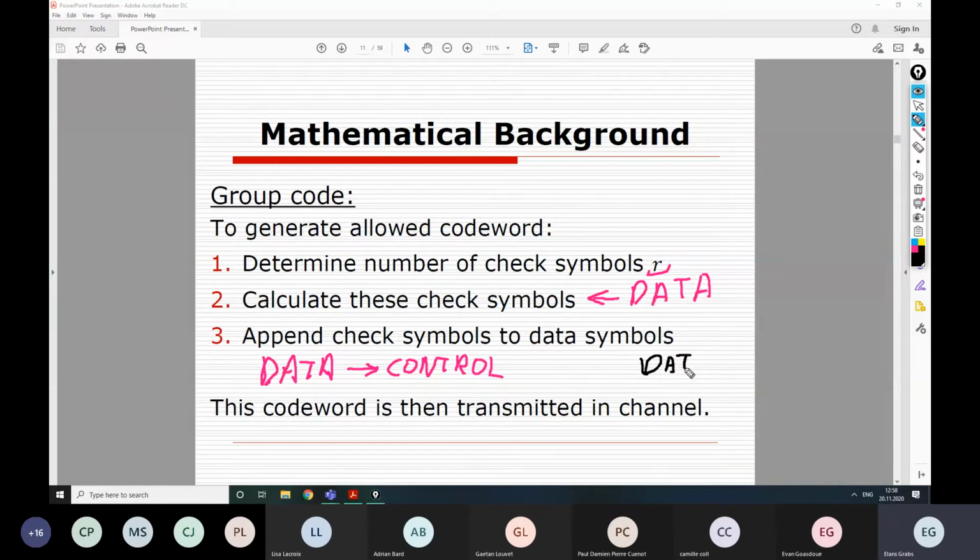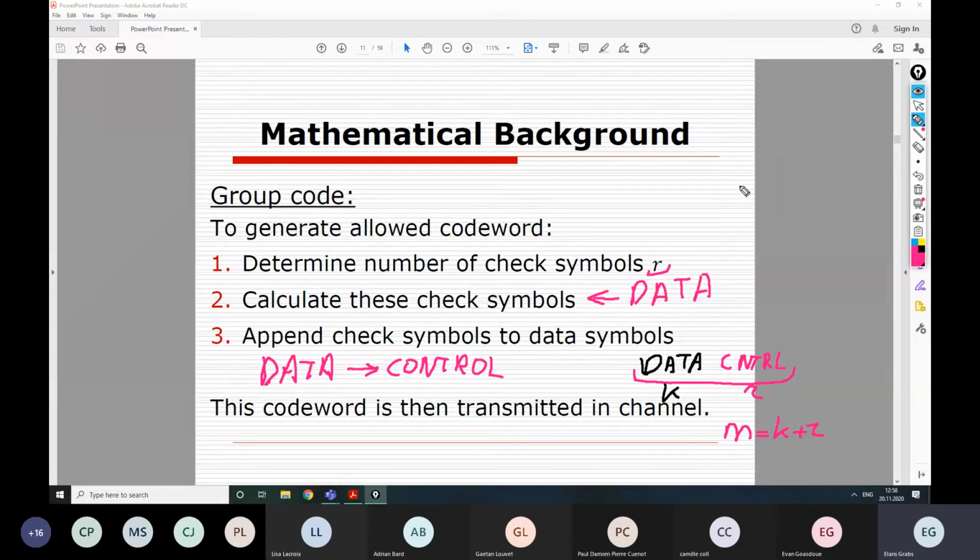So we have data matched with control. This forms the code word, and the amount of data is K, the amount of control symbols is R, and in total we have the sum K plus R.